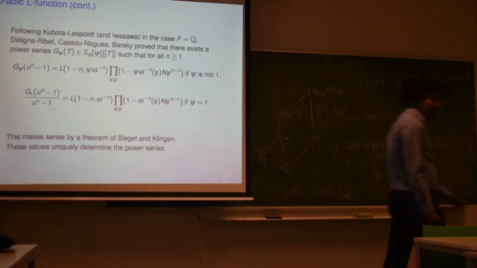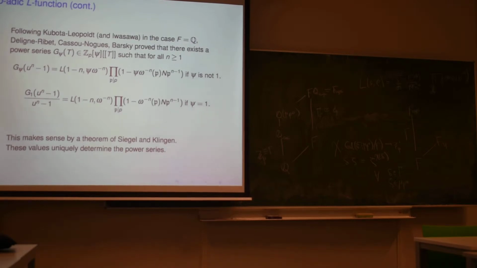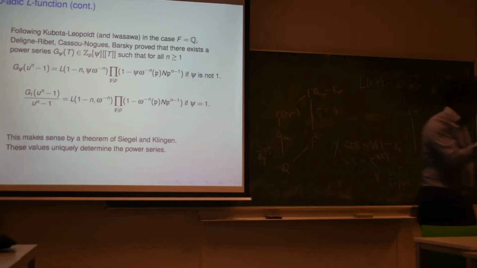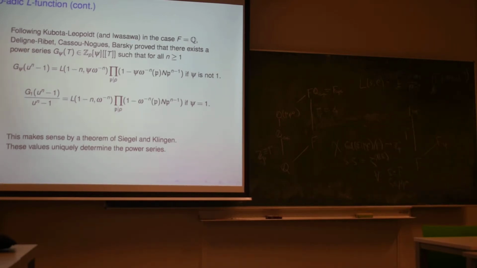So does that power series depend on the embedding, the isomorphism of Qp bar and C? No, it does not, because these L values are sums of something times psi of something times a partial zeta function, and those partial zeta function values are rational.